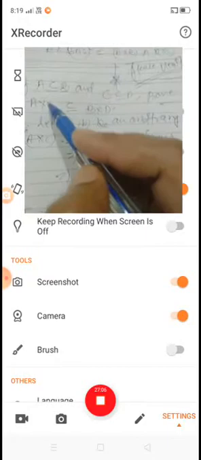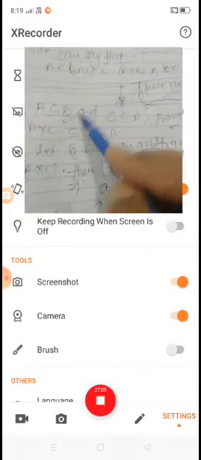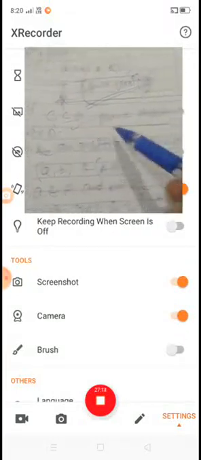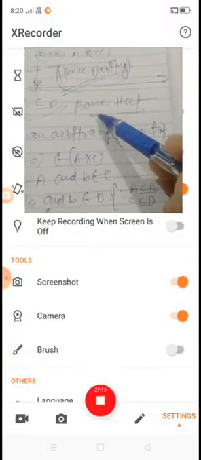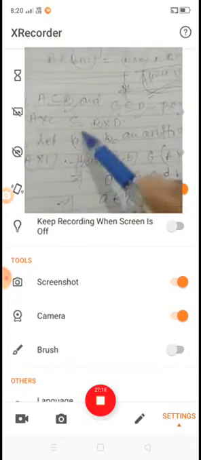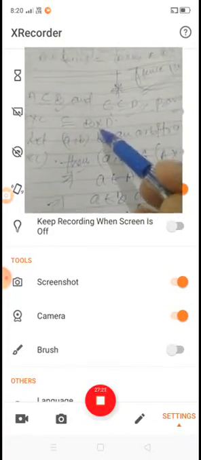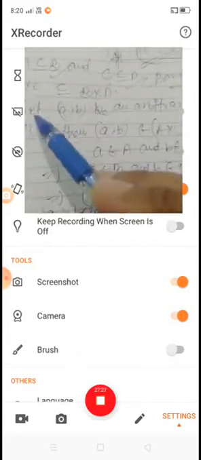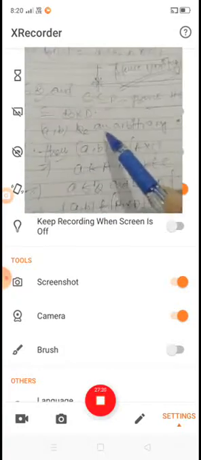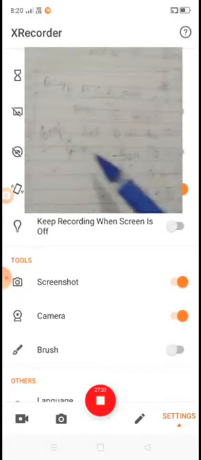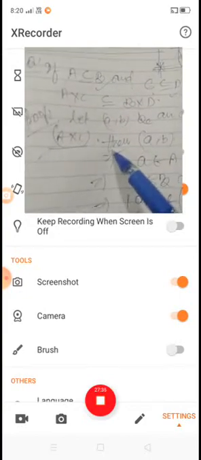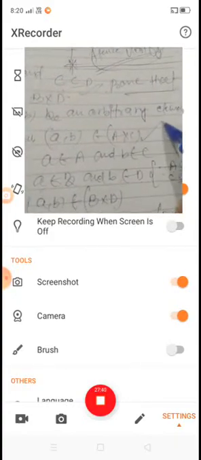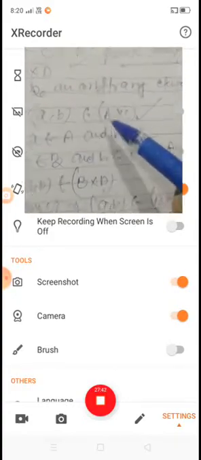Here we have A is a subset of B and C is a subset of D, and we have to show that A cross C is a subset of B cross D. For proving that result, first of all we let (a, b) be an arbitrary element of A cross C. That is, (a, b) belongs to A cross C.